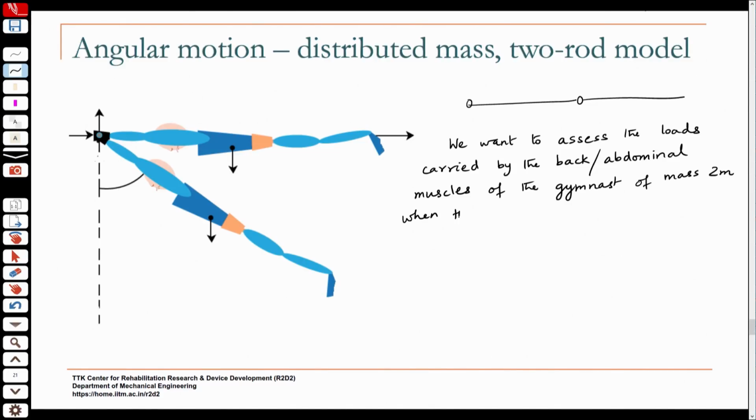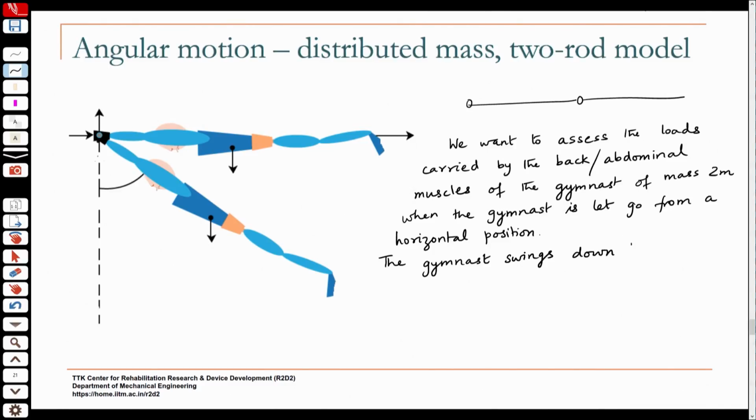So, the gymnast swings down, keeping her body aligned, but because we want to evaluate the loads exerted by the back or abdominal muscles, we model it as 2 rods connected by a hinge.